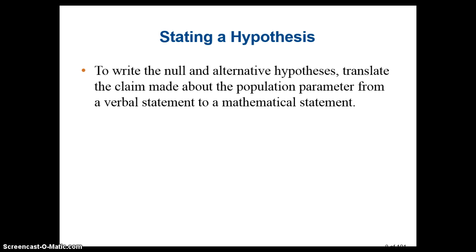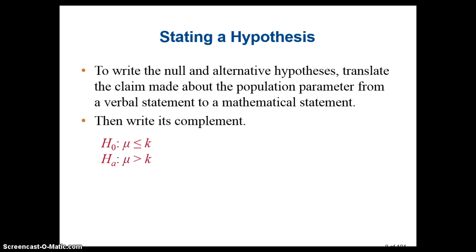When you write your hypothesis statements, you're always going to write the null and the alternative, the H0 and the HA. What helps is to first take the claim in the problem and translate it into a mathematical statement. Once you've derived that claim mathematically, then you write its complement statement.